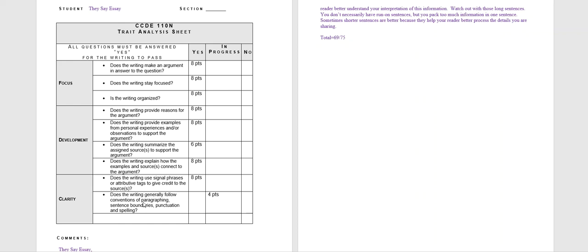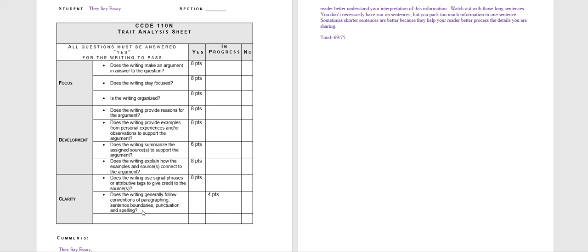So paragraphing is important. From here on out, you should be aware that an essay has multiple paragraphs, so an essay will not be one long paragraph. And then try your best to incorporate sentence boundaries, punctuation, and spelling.